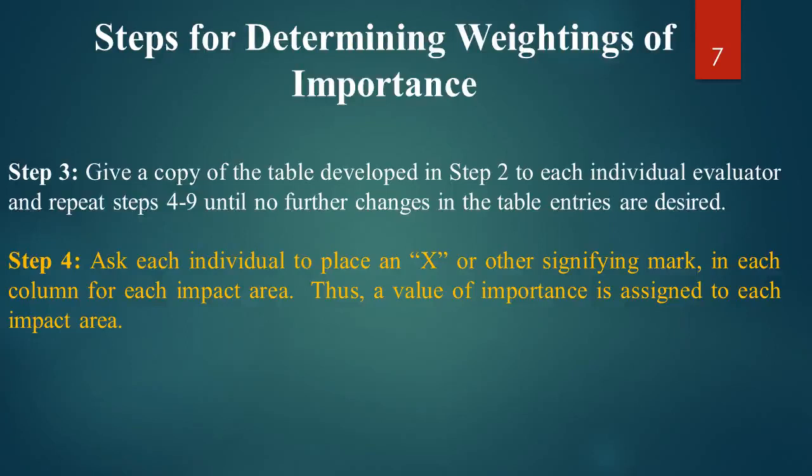In the fourth step, ask each individual to place an X or other signifying mark in each column for each impact area. Thus, a value of importance is assigned to each impact area.